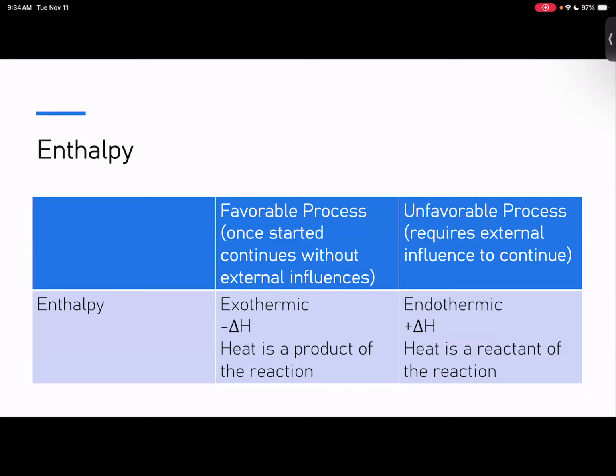Endothermic processes mean that the energy enters the system, just like reactants enter the system. Because energy is entering the system, it means that the system's energy is increasing. And since the system's energy is increasing, we are dealing with a positive delta H.